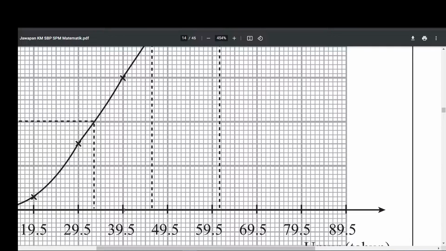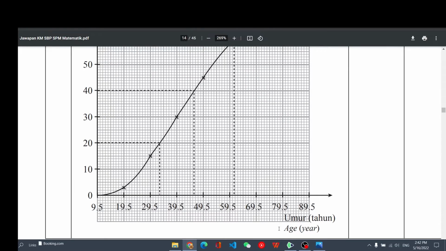So 39.5 and then 40.5, then goes on. Right here is between the 6th and the 7th. That will give us 48.5, 47.5, 46.5. So it's right in between 45.5 and 46.5. And that will give us 46.